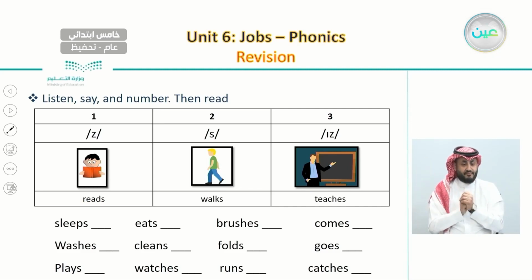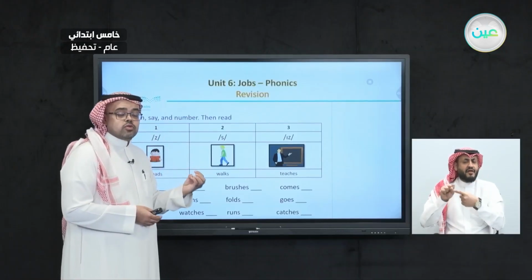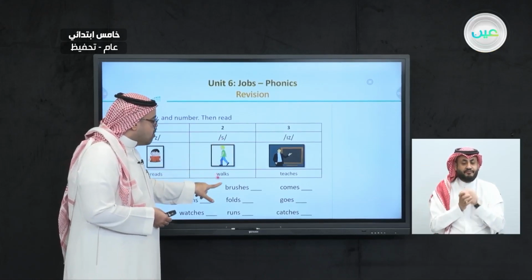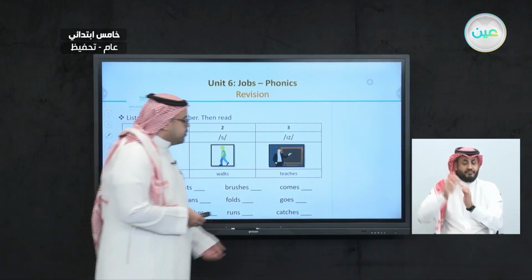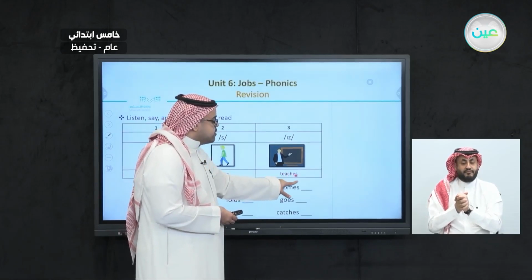Reads ends with the sound of Z. And also the second sound we have, which is walks. If you listen carefully, you will see this word ends with the sound of S, like in walks. And finally, this word, teaches.